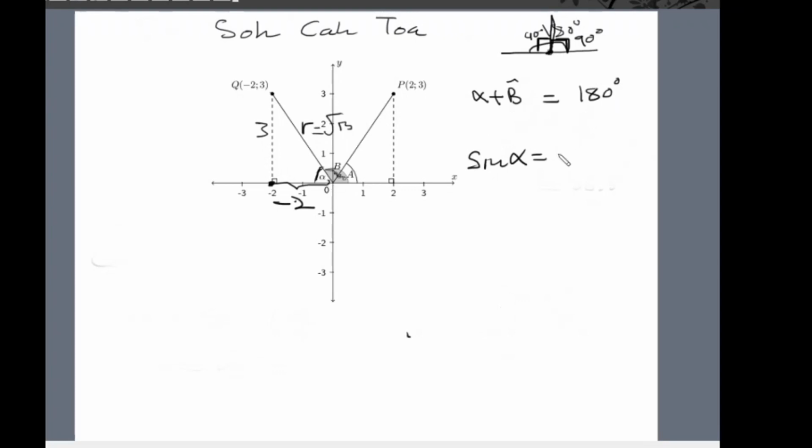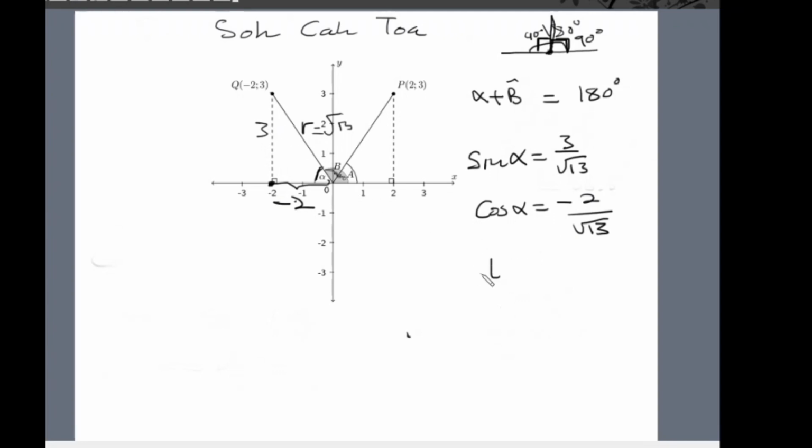So sine alpha is the opposite side divided by the hypotenuse. Cos alpha is the adjacent side, so that is -2 divided by the square root of 13, right?